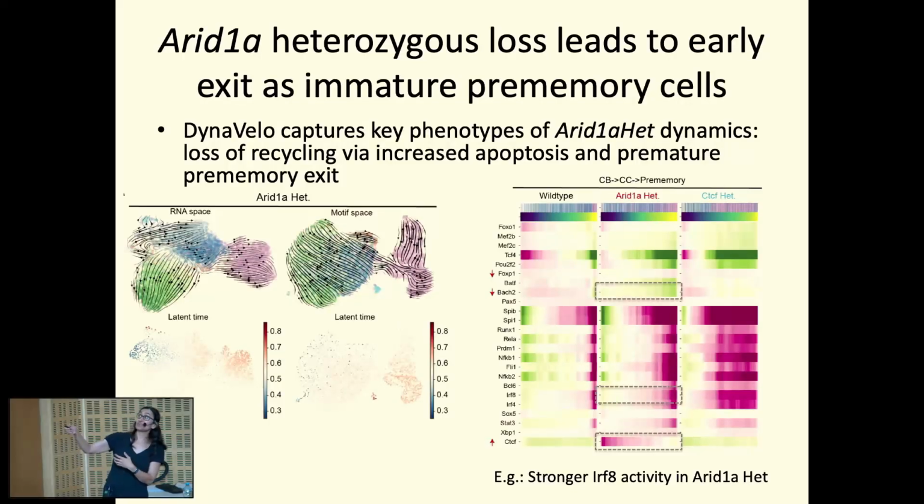So we can do the model in mutants, and we can start seeing how the trajectories change when you lose the activity of a transcription factor. So for example, now it looks like IRF8 is more important than in wild type. We also have the CTCF heterozygous loss, okay? So certain things change, and we can model that, and that's kind of interesting.